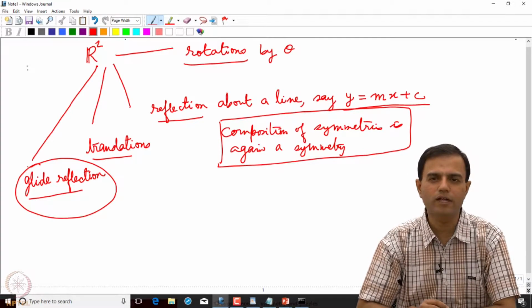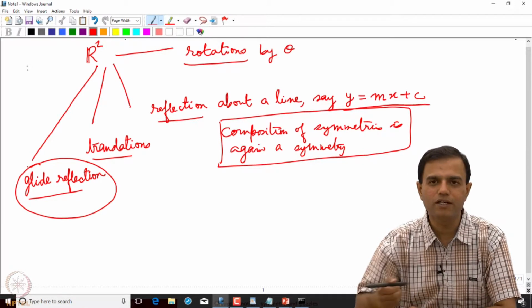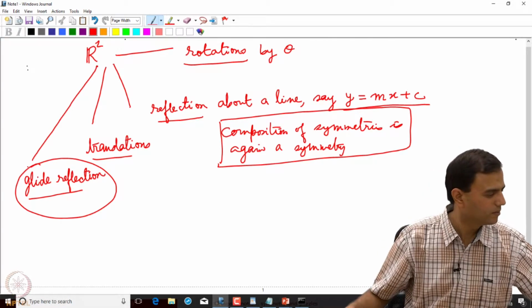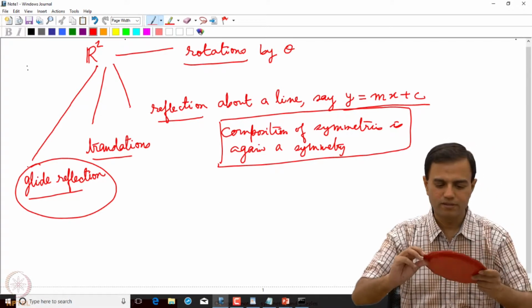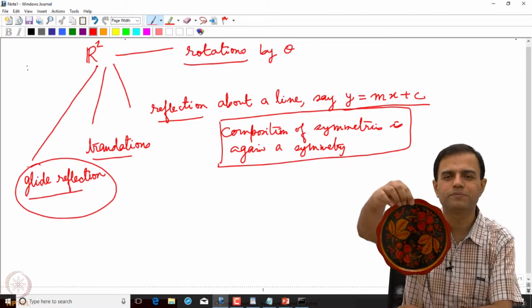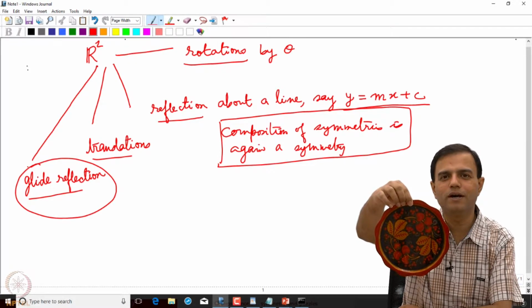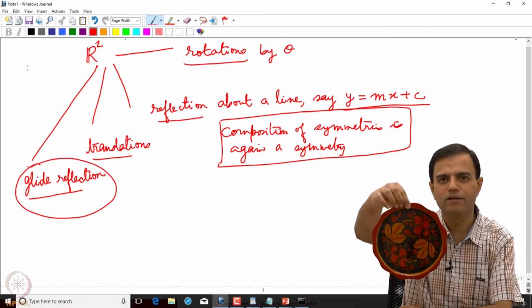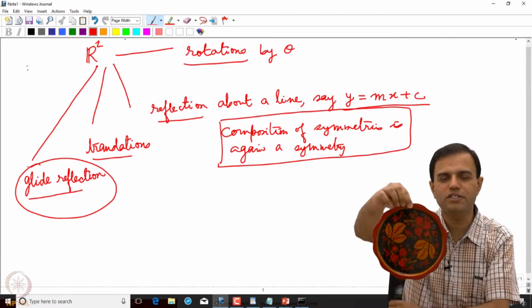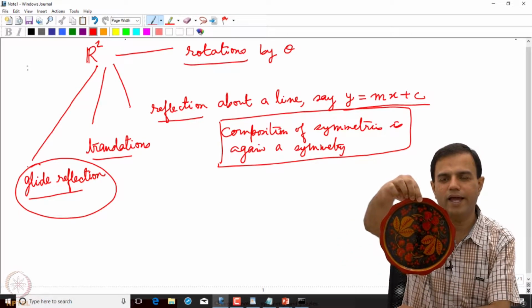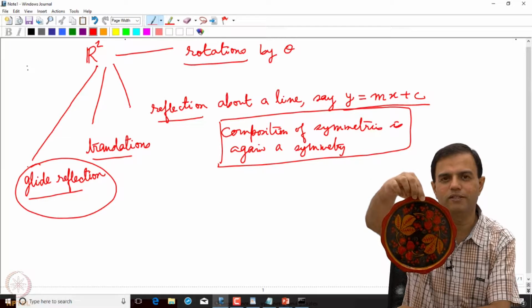Before I start, I would like to show you some interesting artwork. This one is a beautiful artwork on a plate, the Russian style of painting. And can you observe certain symmetry here?